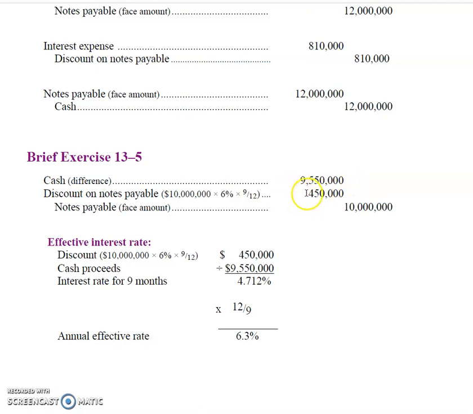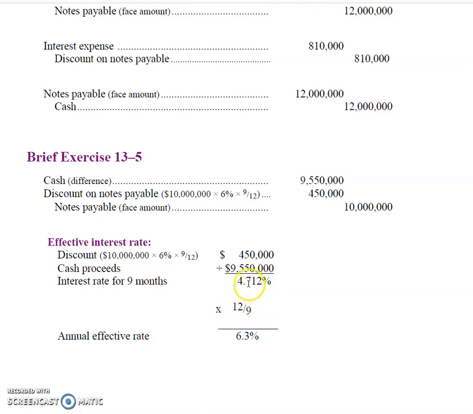Now on that $9,550,000, we're going to pay $450,000 interest. So we divide $450,000 by the $9,550,000, and that gives us 4.712% interest paid for 9 months. Now to convert that to an annual rate, we need to divide it by 9 and then multiply by 12.